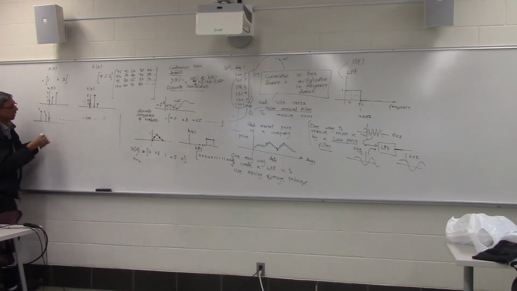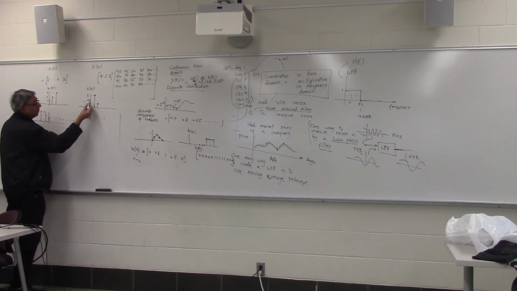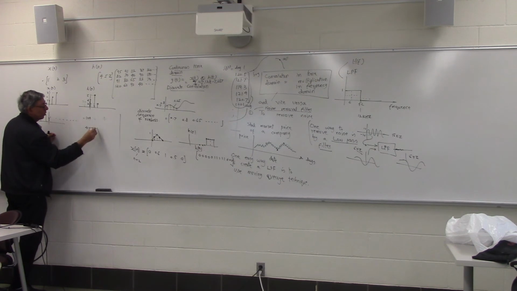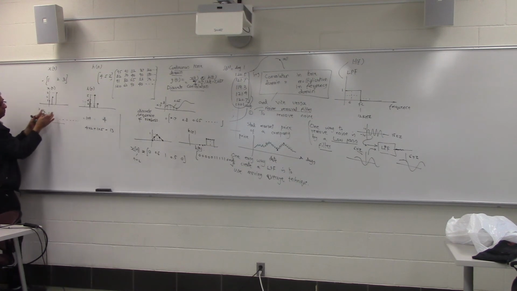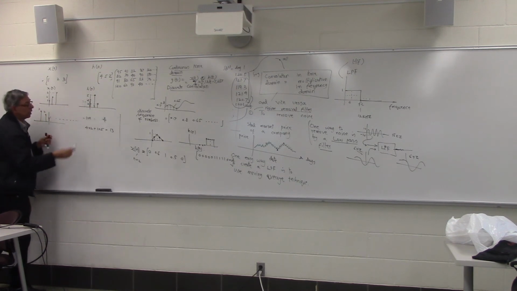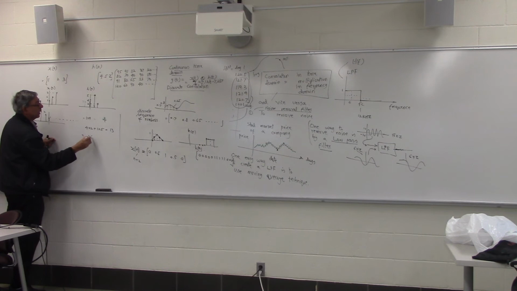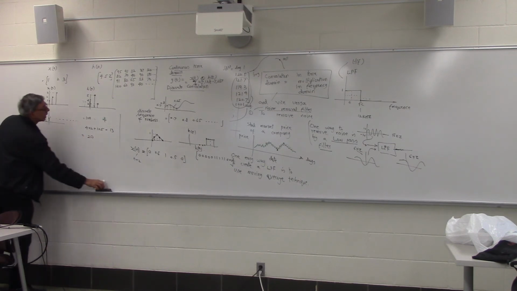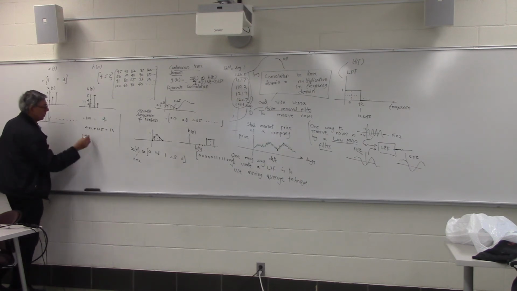The second value will be 4 times 2, 8, plus 1 times 5, 13. And same way if I slide it one more, it is 24.